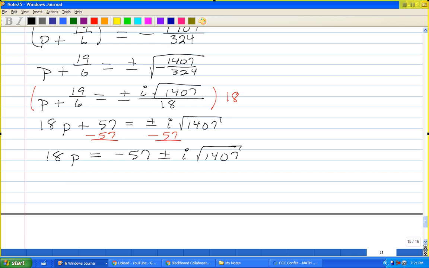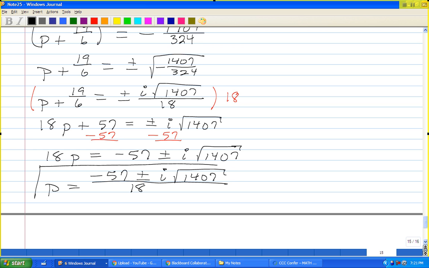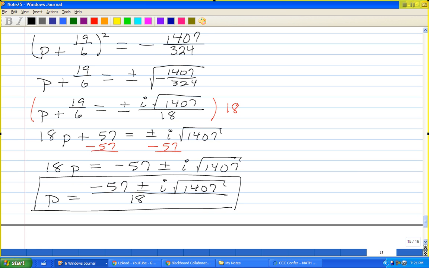And so I have that p is equal to negative 57 plus or minus i rad 1407 over 18. Which seems to be the exact same answer I got from before.